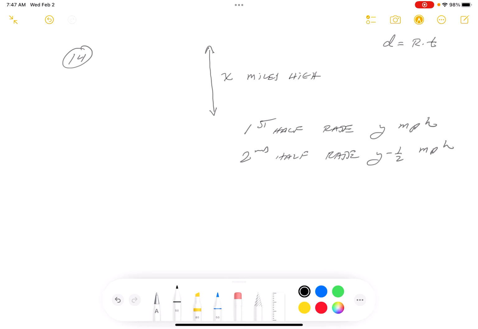Now they tell me the total time, and by the way, this is the up portion of the problem. The total time is 3 3/5 hours. Now, mixed numbers are fine in conversation, but in mathematics, we prefer to write the improper fraction down. So that would be what? 18/5.